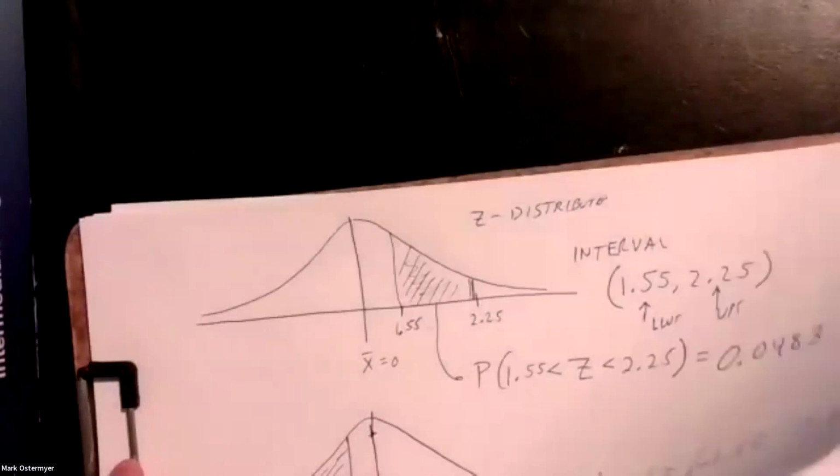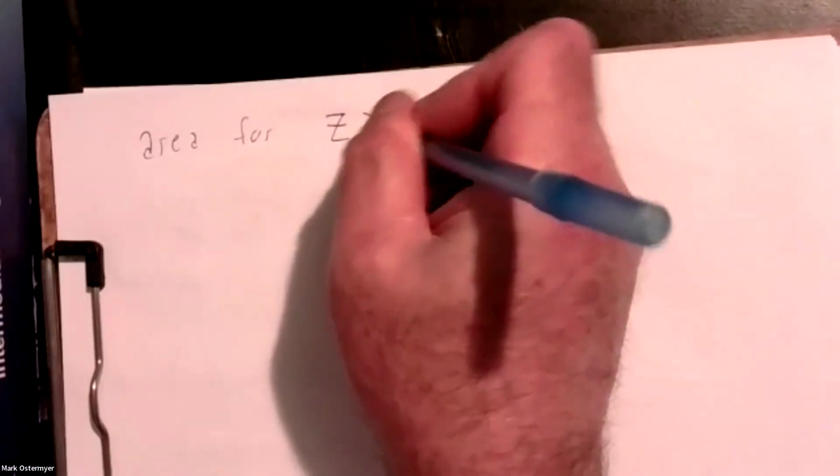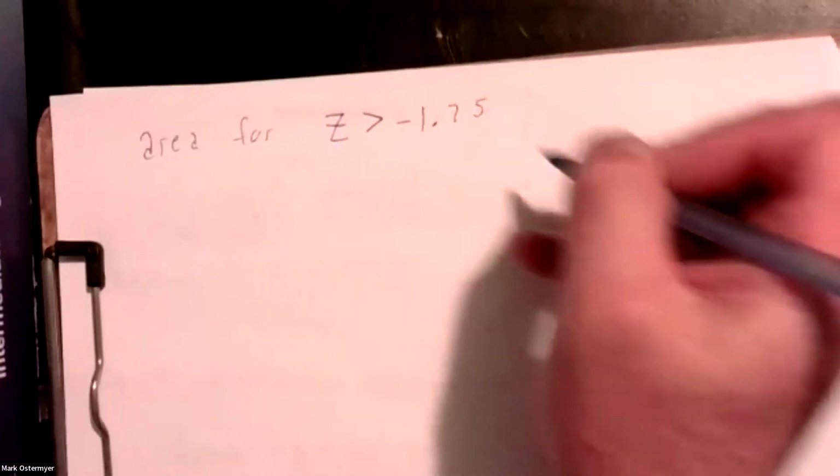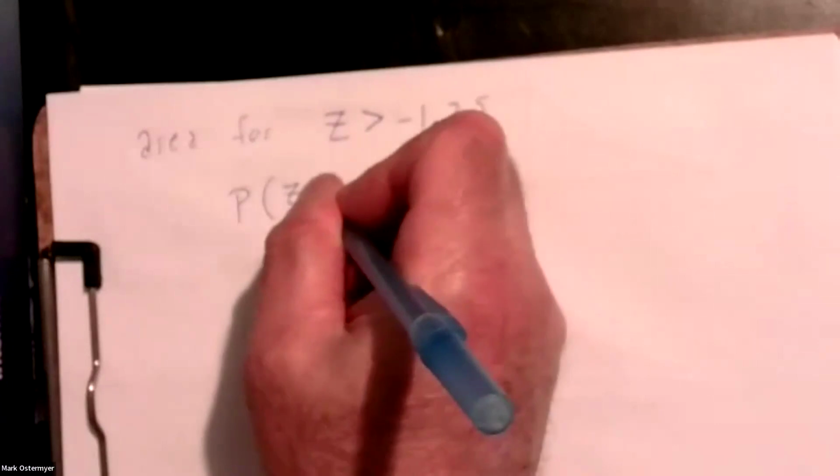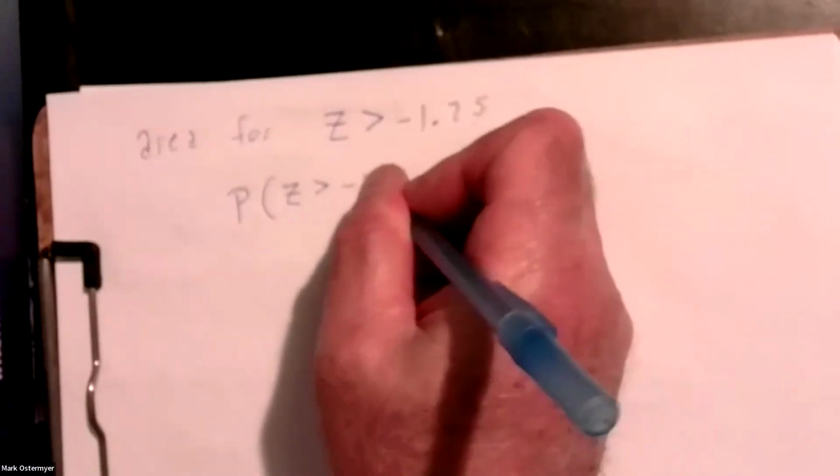All right, I have one now. Suppose that I want you to find the area for Z greater than negative 1.75. Well, this area really is equal to this probability: the probability that Z is greater than negative 1.75.